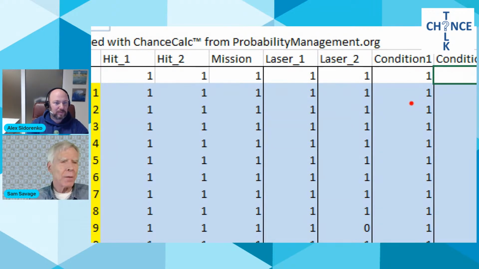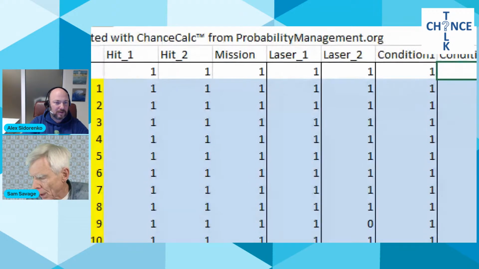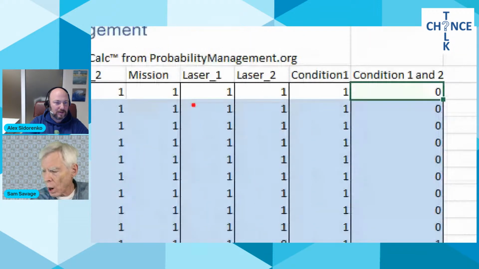The condition is whatever you made up down there, all right? I'll explain that in a second. I'm going to do an entire blog on Bayesian because it is really such a powerful thing you can do with a SITMath model. Oh, and then finally over on the right, I've got condition 1 and 2.